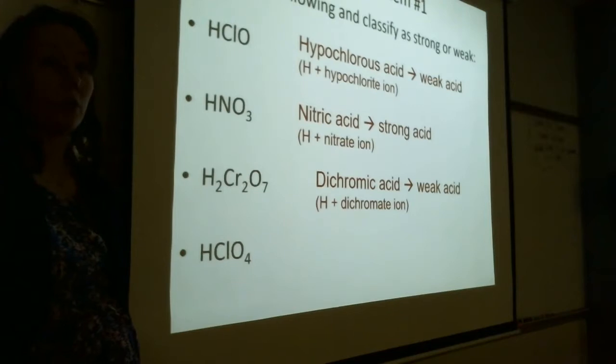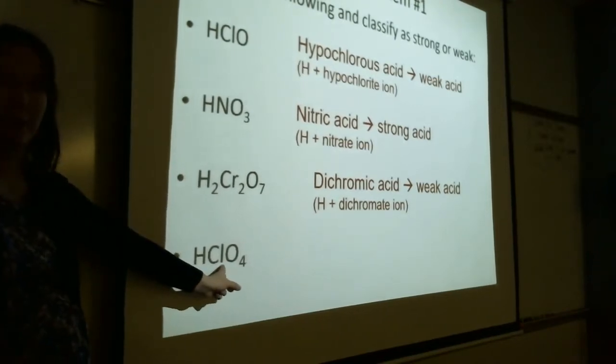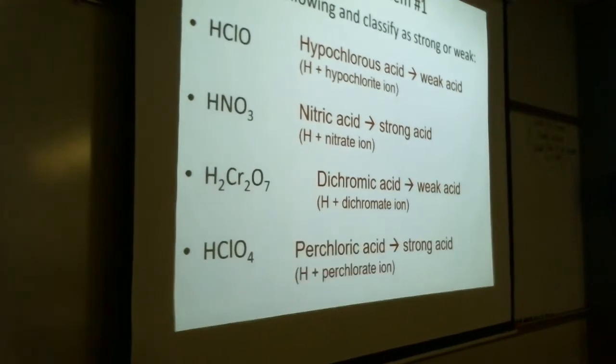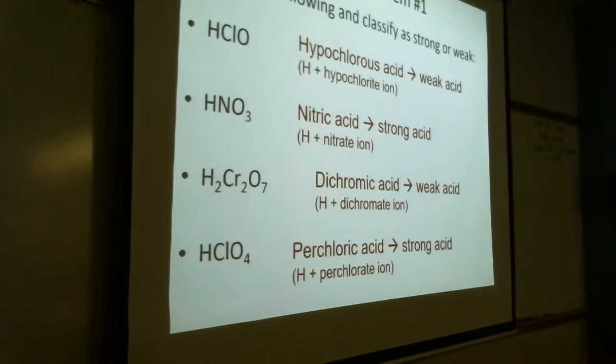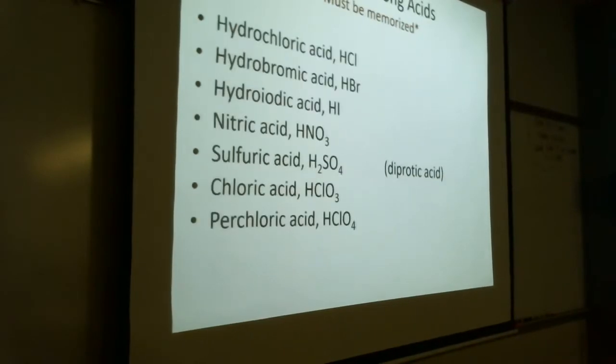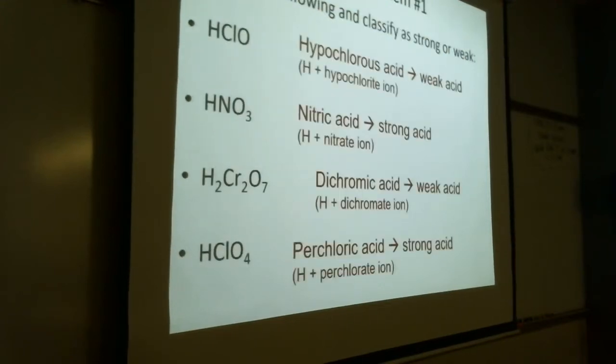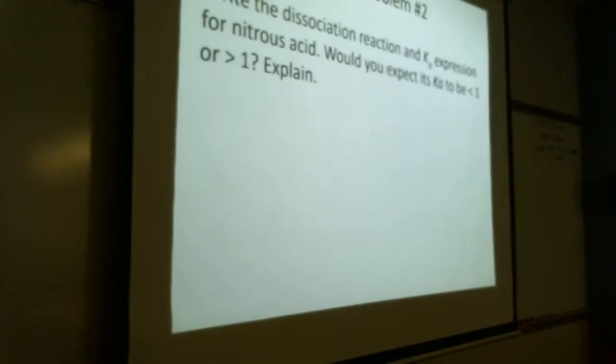Perchloric acid, because ClO4 minus is perchlorate, right? So that would be perchloric acid. And that one's strong. Okay, so again, if you just memorize your list of strong acids, anything that's not on that list is a weak acid.